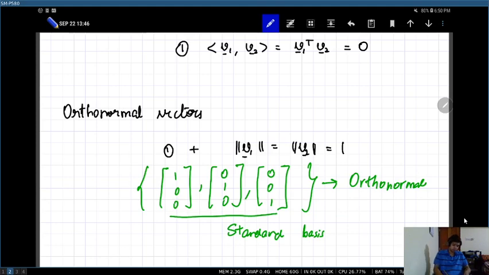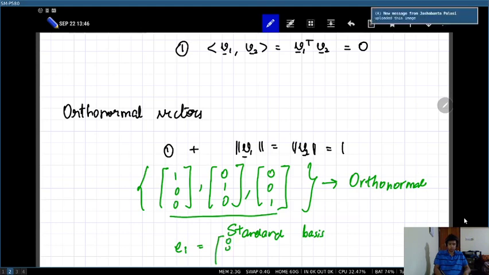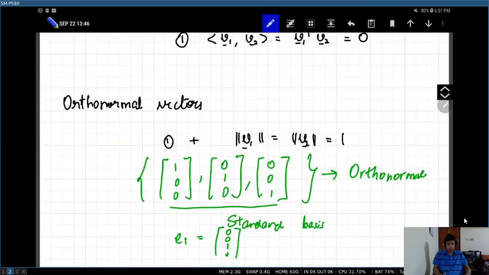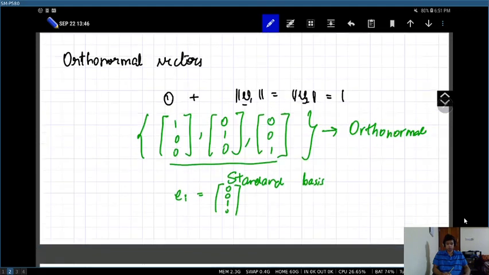It's sometimes denoted e_i, where e_i is the ith standard ordered basis vector, which is a vector with all zeros except in the ith location, which has a 1. Orthonormal bases turn out to be pretty interesting, and we'll see more properties in due course.